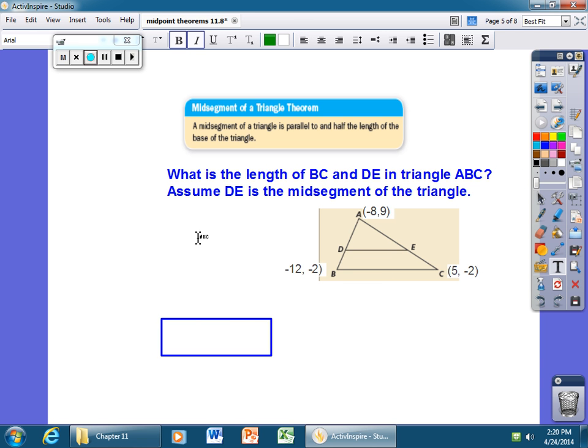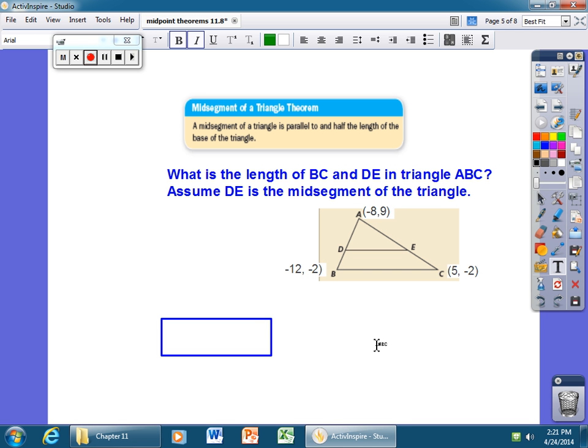We're also going to look at the midsegment of a triangle. Whenever we're doing a triangle, it's actually just a little bit easier because we don't have two bases, we only have one base, so all we do is take half of the base. Even though in this diagram it doesn't really look like it, DE is the midsegment of triangle ABC.